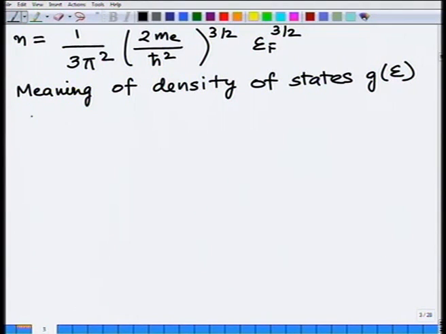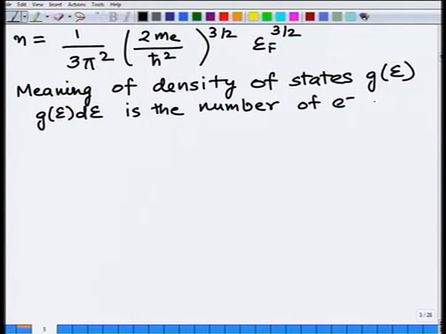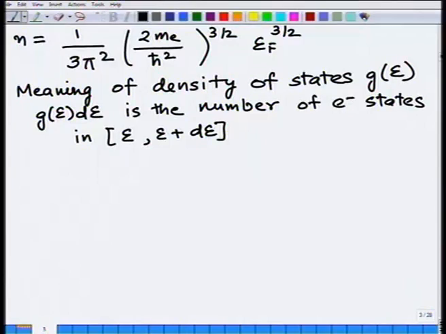So, we can say that G of E dE is the number of electron states in the energy interval of E and E plus dE. So, that is the meaning of this density of states.